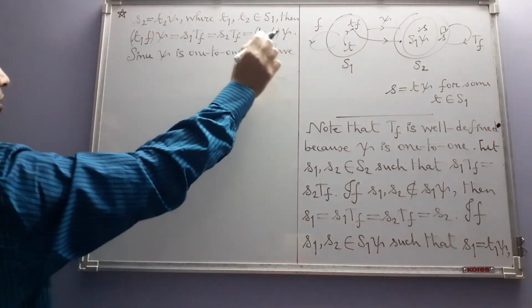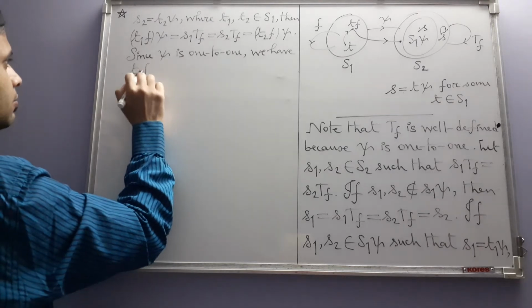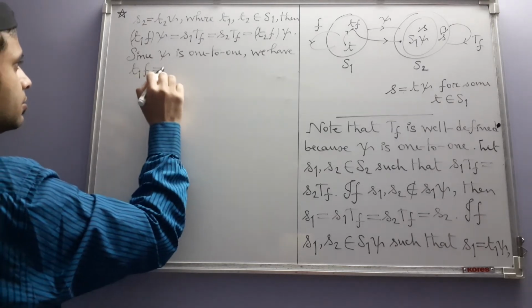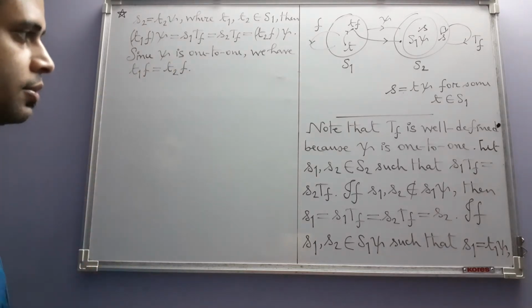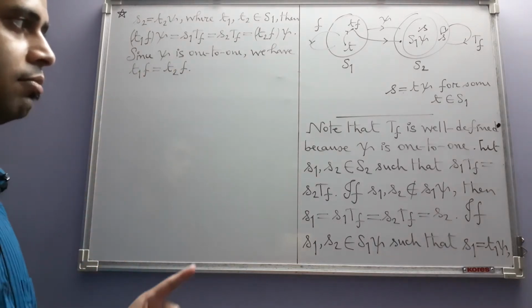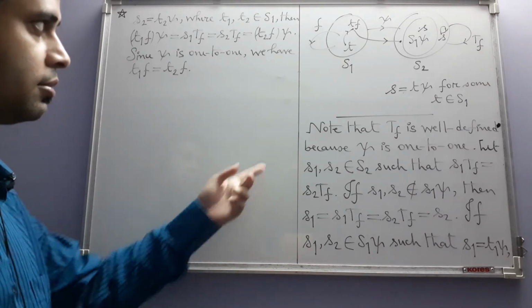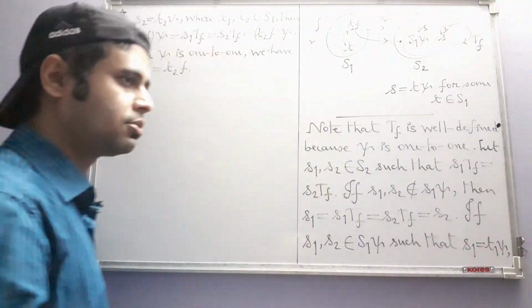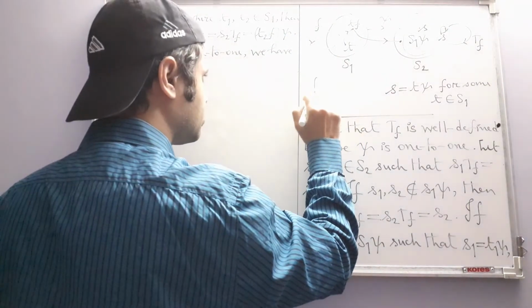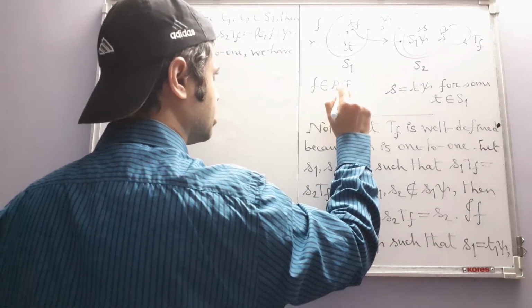we have from this equation T1F is equal to T2F. But keep in mind that we chose f to be a function not just from S1 to itself, but in fact f was chosen to be an element in AS1.